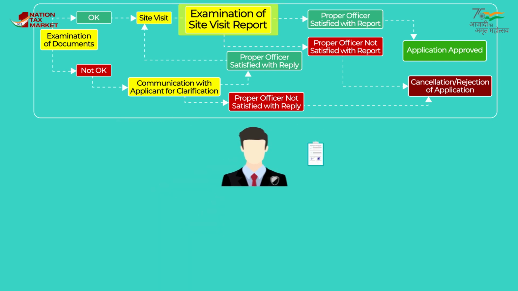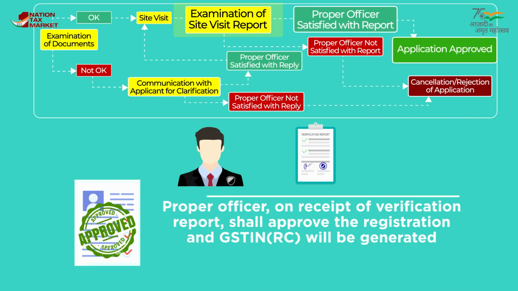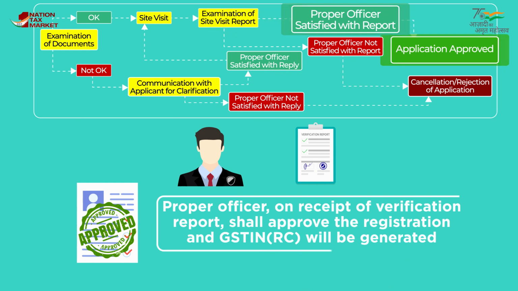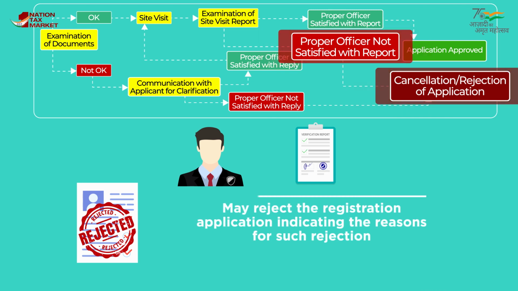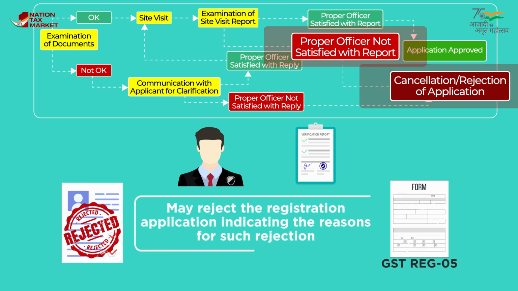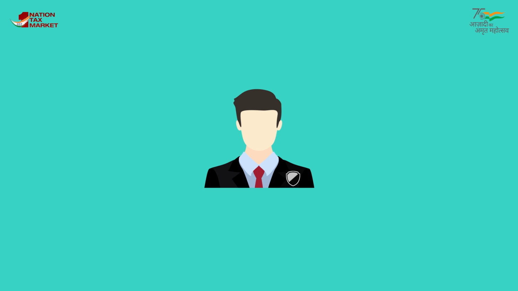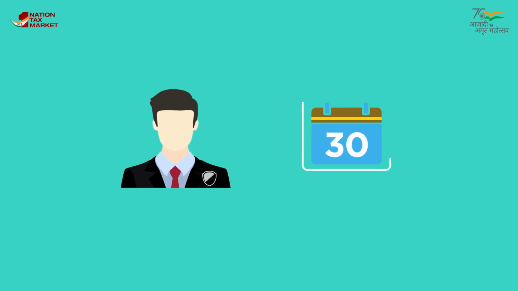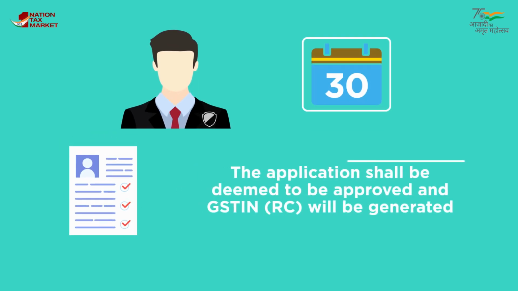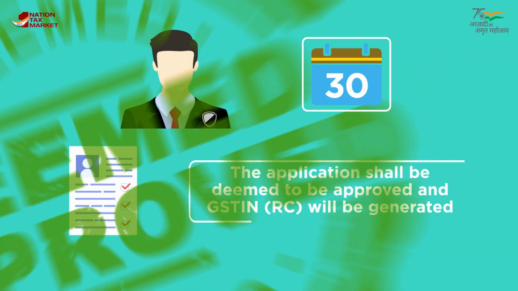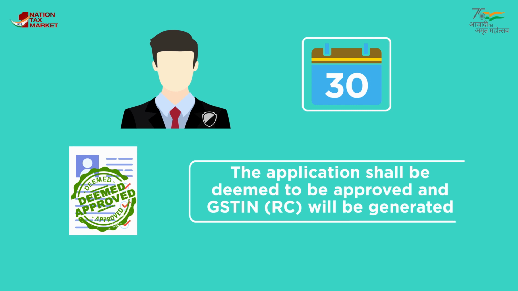The proper officer, on receipt of the verification report, shall approve the registration and the GST registration certificate will be generated, else may reject the registration application via GST REG-05, indicating the reasons for such rejection. If the proper officer doesn't take any action within 13 days from the date of submission of application, the application for grant of registration shall be deemed to be approved and the GST registration certificate will be generated.